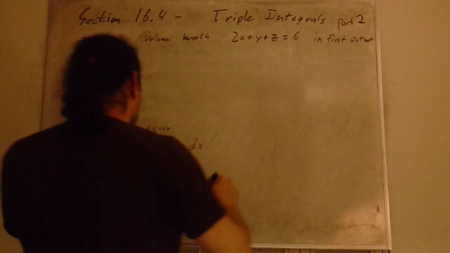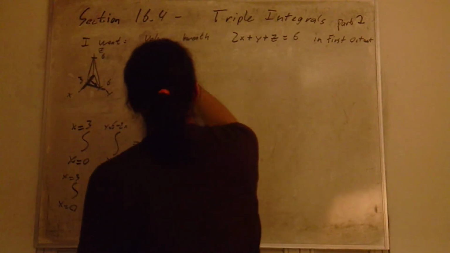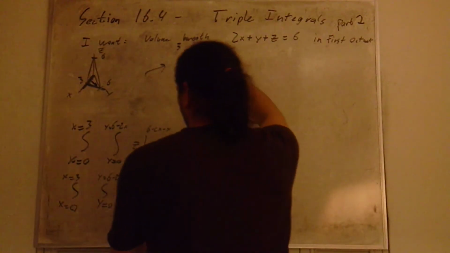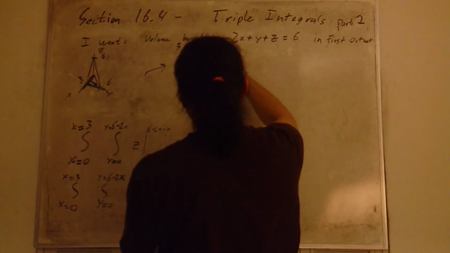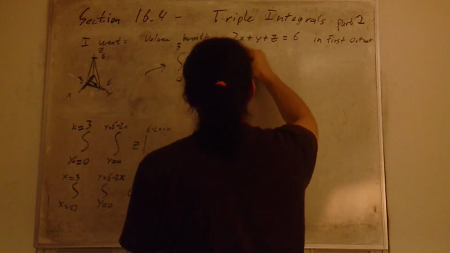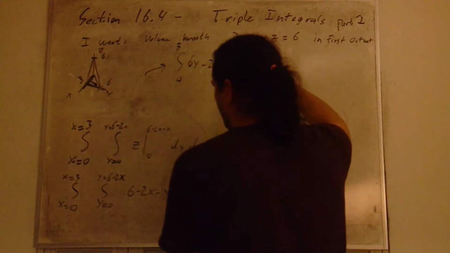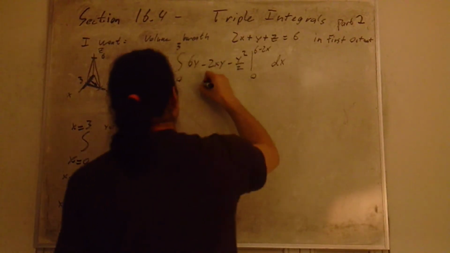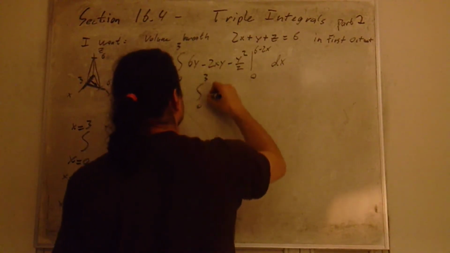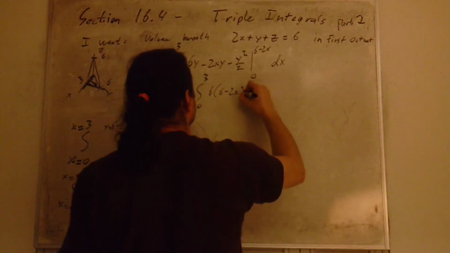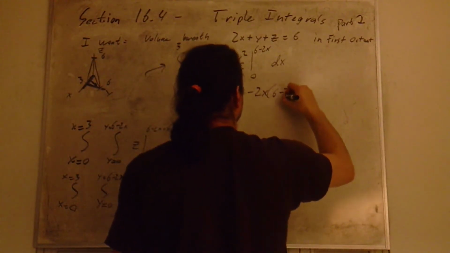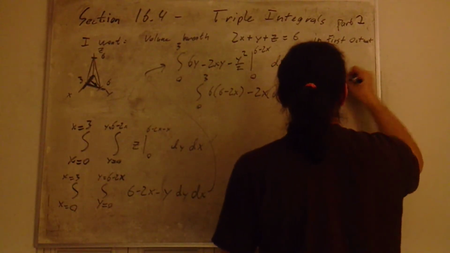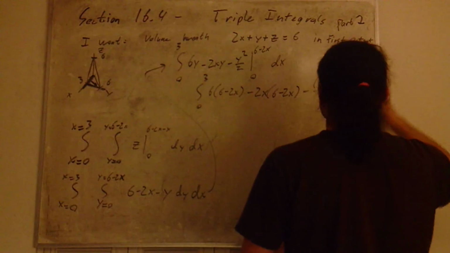Okay, so we're integrating with respect to y, which is going to give us 0 to 3. We want, what is it, 6y minus 2xy minus y squared over 2 from 0 to 6 minus 2x dx, which is the integral from 0 to 3 of 6 times 6 minus 2x minus 2x times 6 minus 2x minus 6 minus 2x squared over 2 dx.